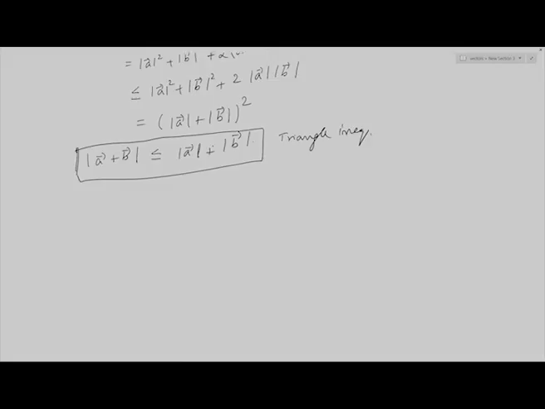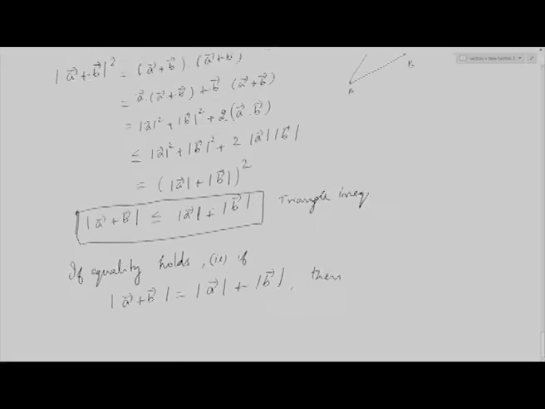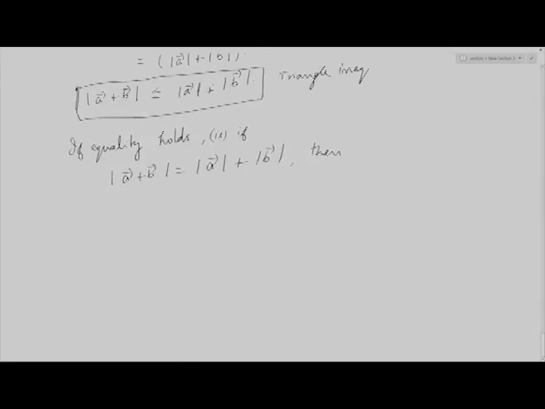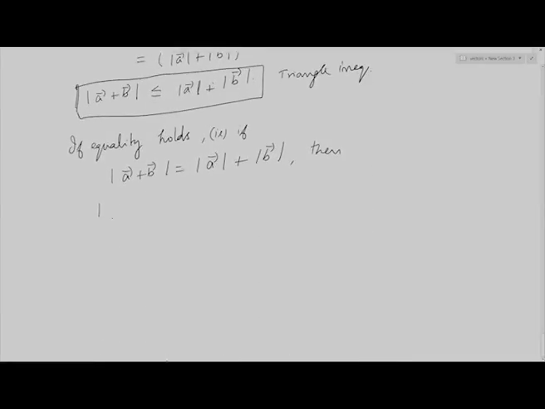Now, when will this equality hold? If equality holds, what does it mean? That is, if modulus of A plus B is equal to modulus of A plus modulus of B, then in the triangle I have drawn, mod AC is equal to mod AB plus mod BC.